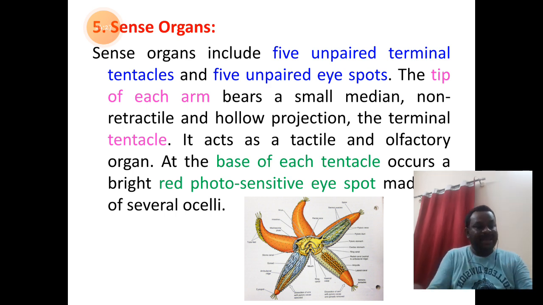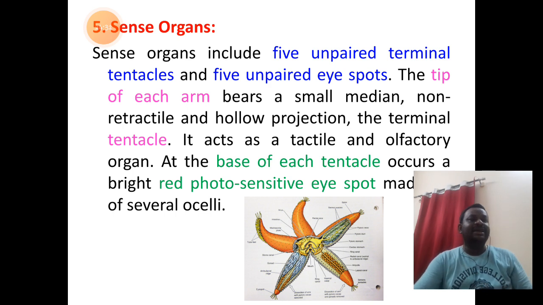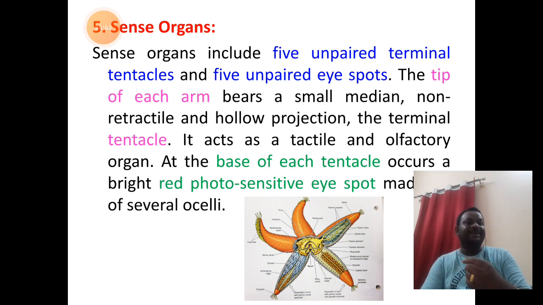So they can feel by touching objects using these tentacles, hence it is tactile in function. They can even smell the prey. It is done by the same tentacle, hence the function is olfaction.